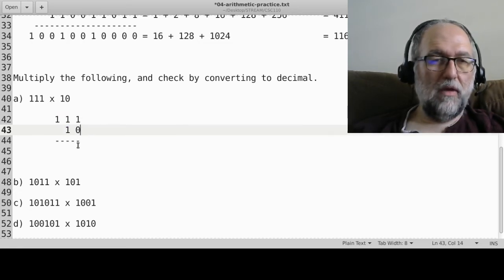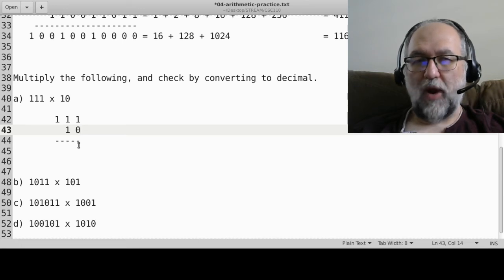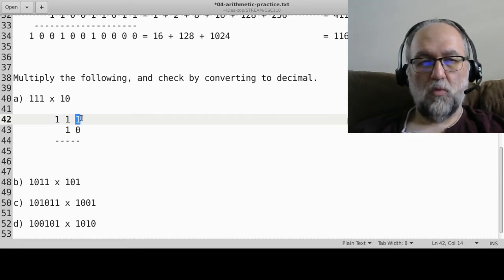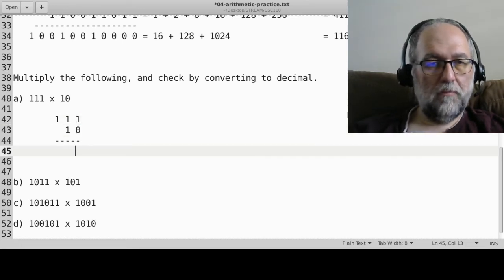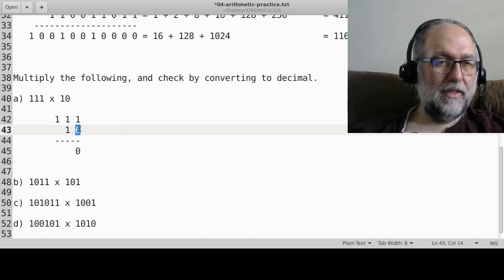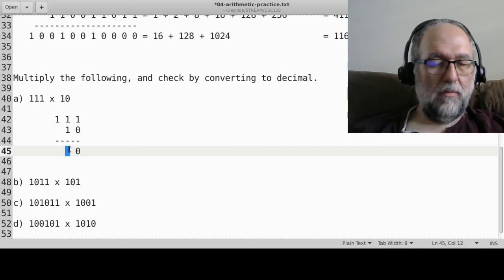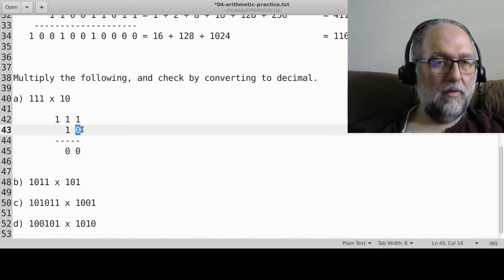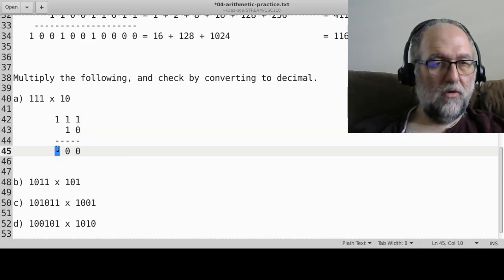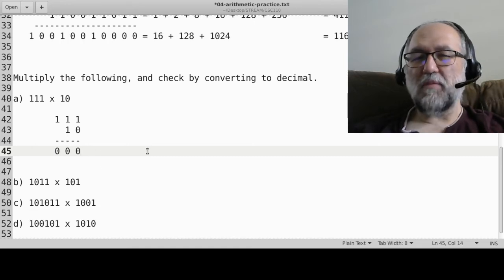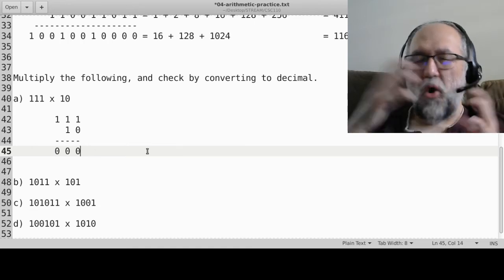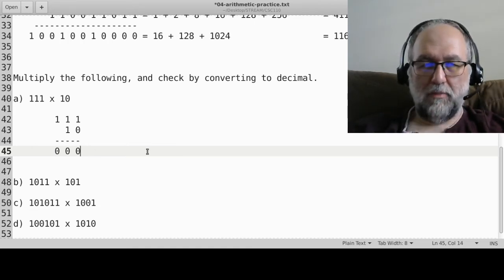Now, when you multiply by that bit, you're basically taking this entire number and multiplying it by 0. And if you want to do it in order from right to left, you would go 0 times 1 is 0. Okay. So how did I get that? 0 times 1 is 0, but that one aligns over here, and then you would go 0 times 1 is 0 over here, like that. In fact, up to this point, you can almost think of this as decimals, okay?